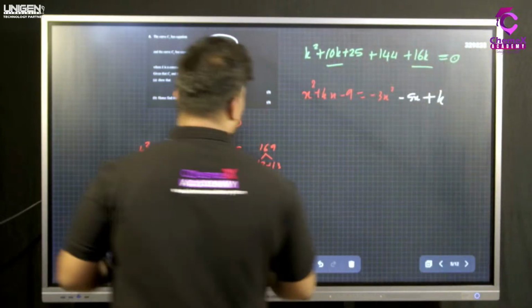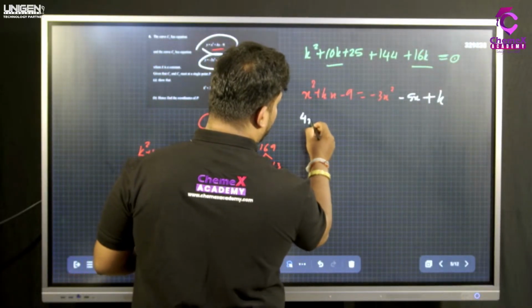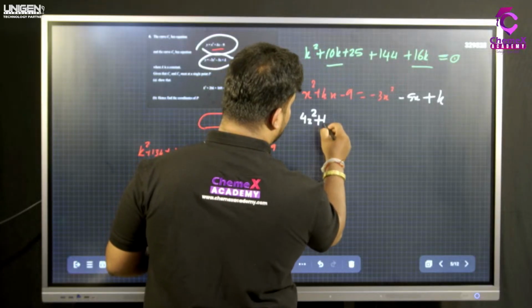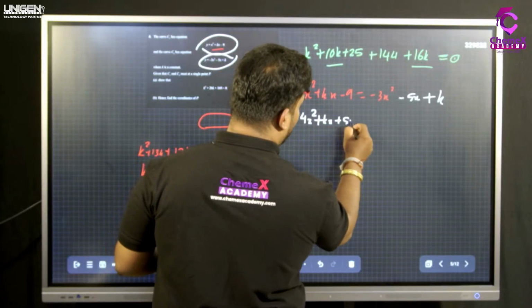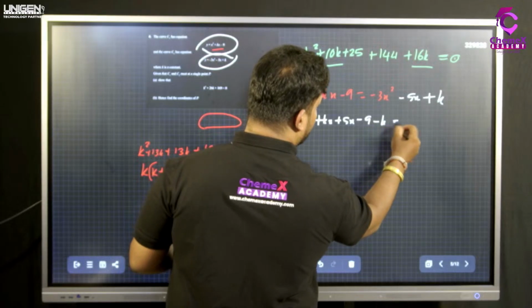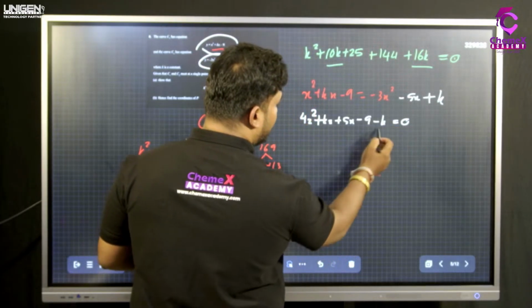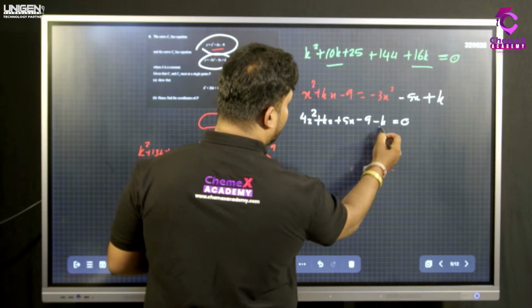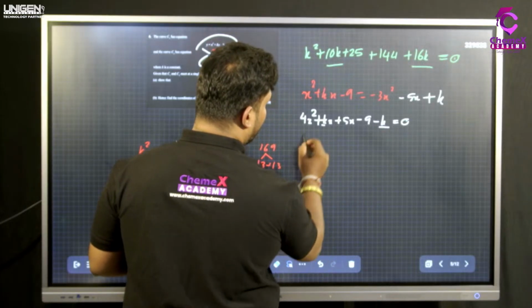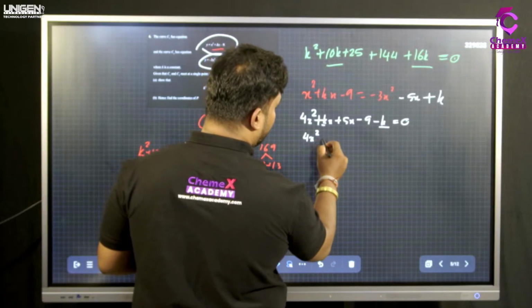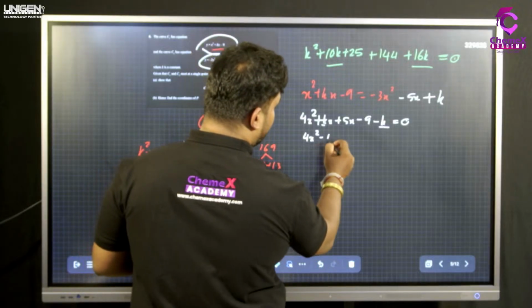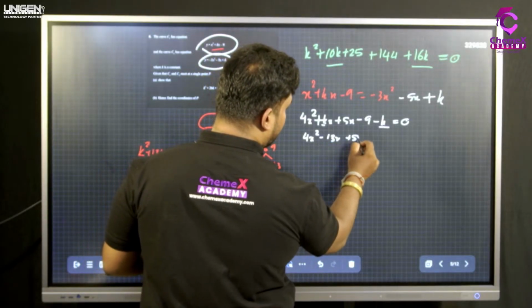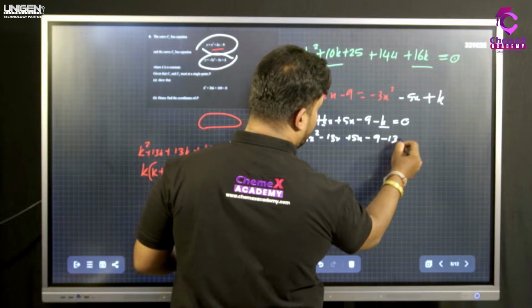Then I take it to one side, equals 0. So this was the equation. Instead of this k, I can put the value of it. Instead of this k also, I can put the value of it. So it is minus 13x plus 5x minus 9 minus 13 equals 0.